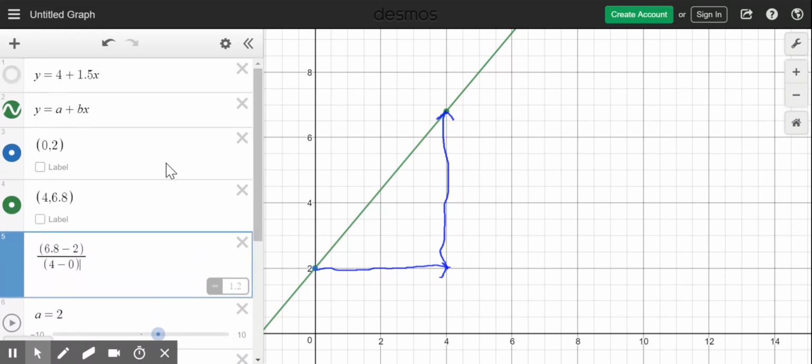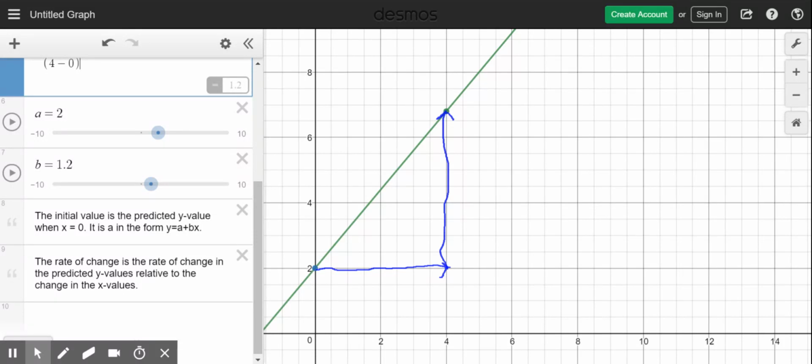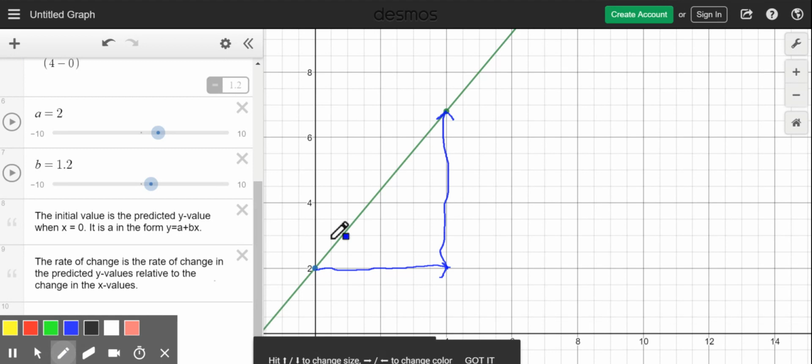So this number here, 1.2, the b constant, the one multiplied by x, is our rate of change. And it tells us exactly this: the rate of change is the rate of change in the predicted y values relative to the change in the x values.